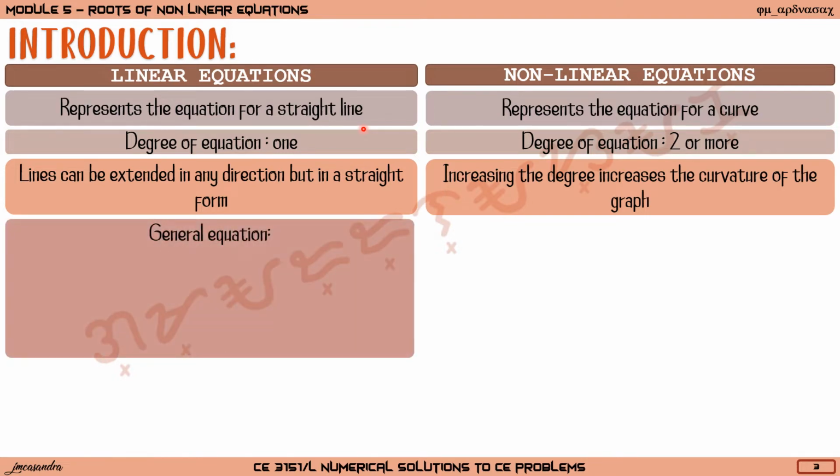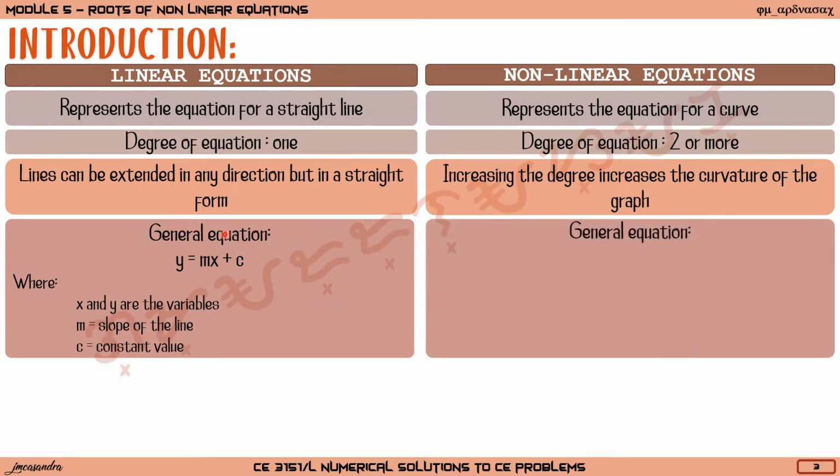The general equation for a linear equation would basically follow y is equal to mx plus c, which is basically the equation for the slope of a line, wherein y and x are our variables, m is the slope of our line, and c is a constant value. For nonlinear equations, its general equation will follow ax squared plus by squared equal to c.